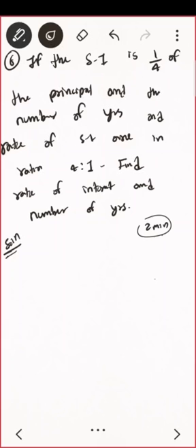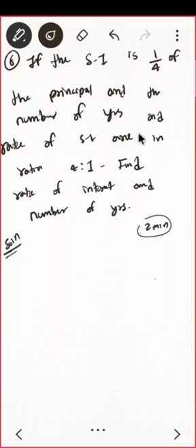Anybody, do you have any idea how to start? What is the first thing you got to see from the first statement?